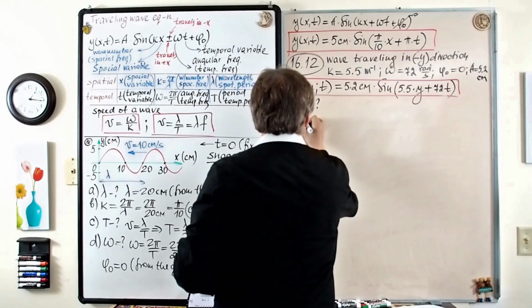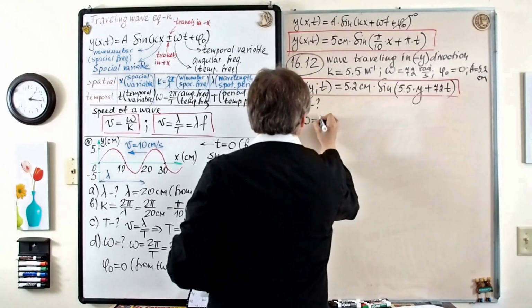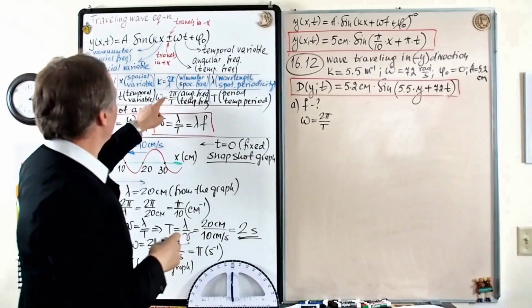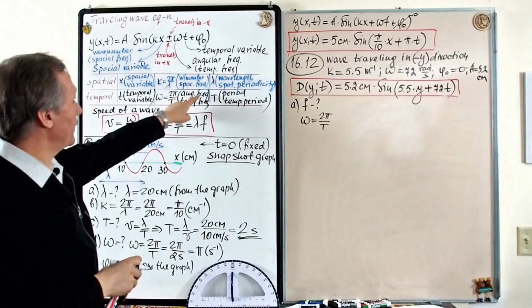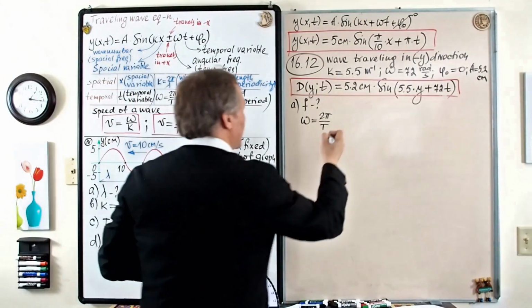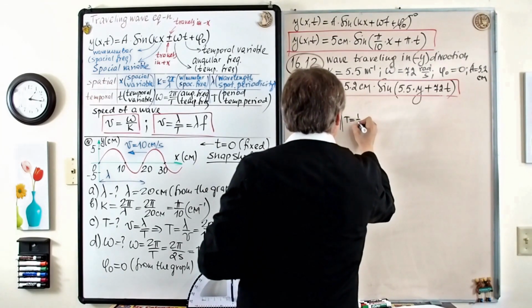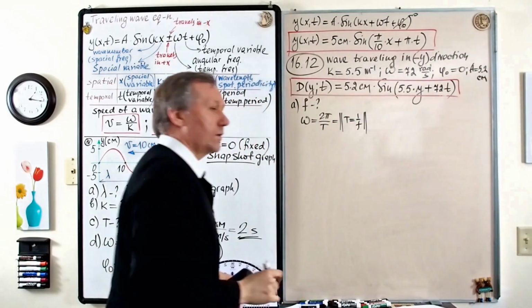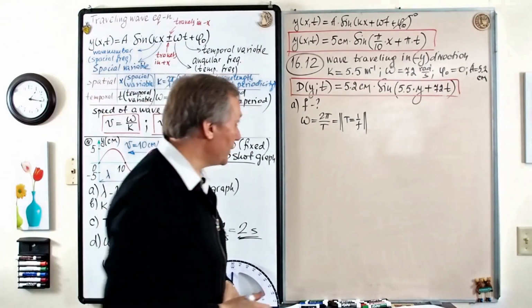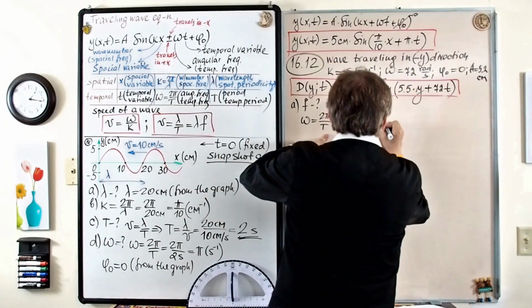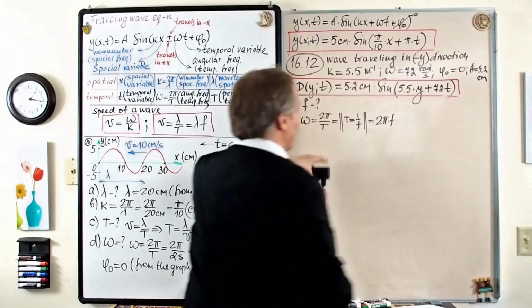Let's write down the definition of omega again. Omega equals 2 pi divided by T. That's how we introduce angular frequency. But we know that T and frequency are connected: frequency is the reciprocal of the period, so omega equals 2 pi f, right?